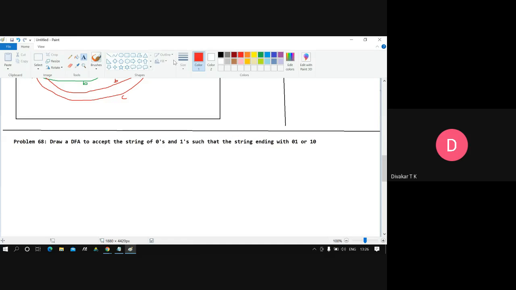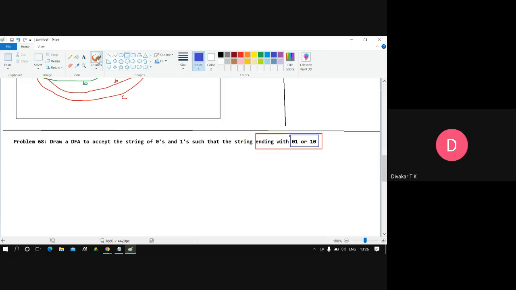Two things they have given now. Whatever the string you are supposed to end with, one is it should end with 0 1, or else it should end with 1 0. Both the conditions should be satisfied now.